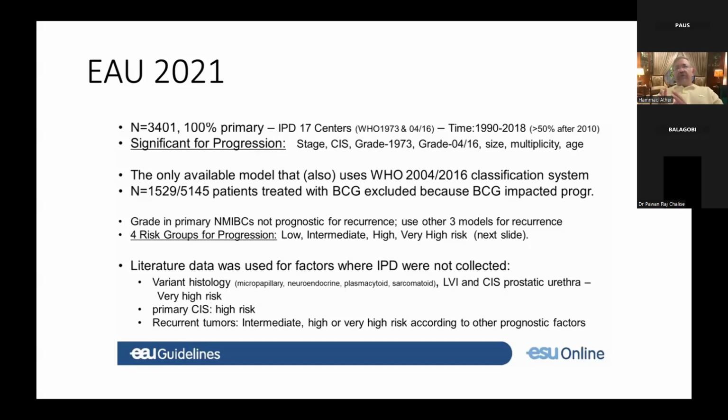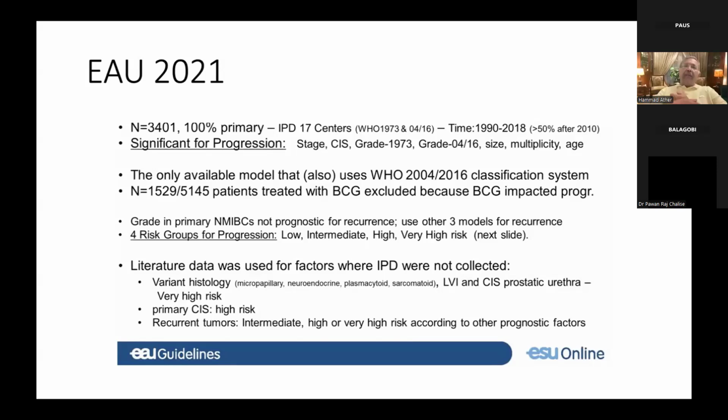Over 50% of the patients were after 2010. The significance for progression was assessed again by stage, CIS, grade using the 1973 classification, and size and multiplicity. The only available model that also uses the WHO 2004/16 system was also in this study.